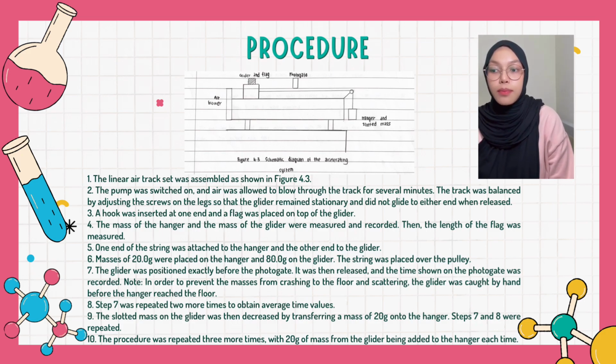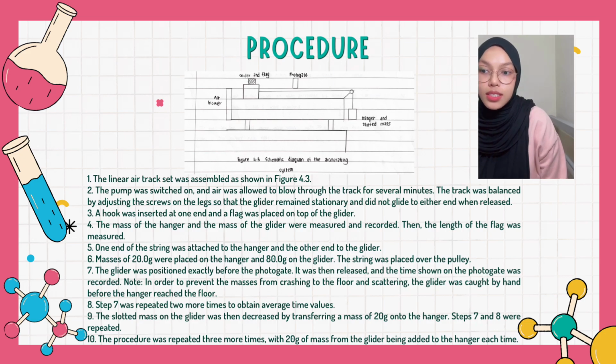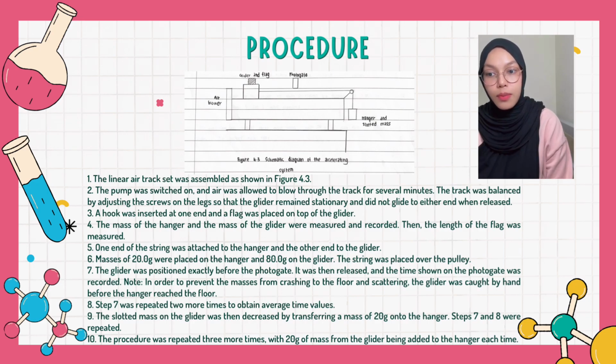Then the slotted mass on the glider was decreased by transferring a mass of 20 grams onto the hanger. Steps 7 and 8 were repeated. The last one, the procedure was repeated 3 more times with 20 grams of mass from the glider being added to the hanger each time.